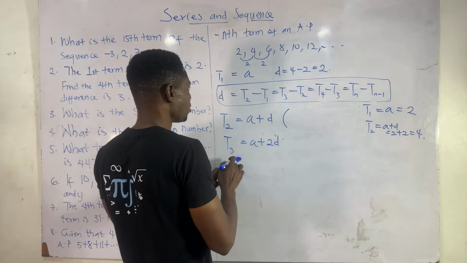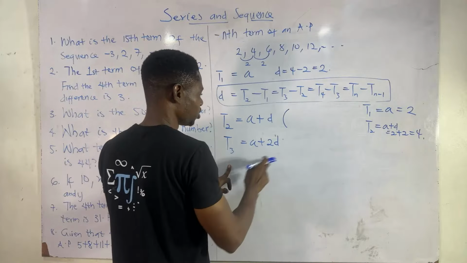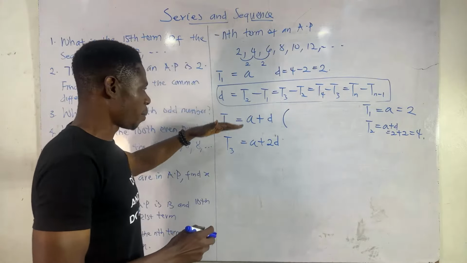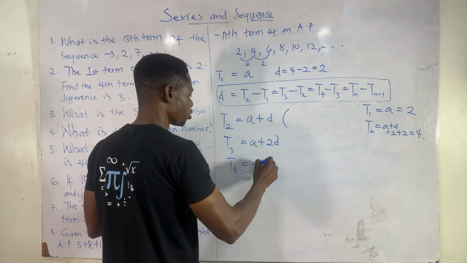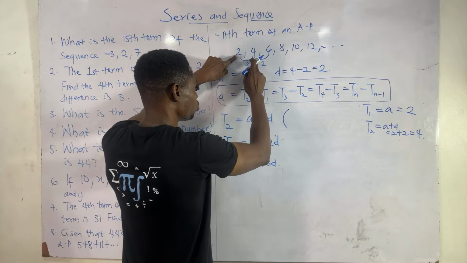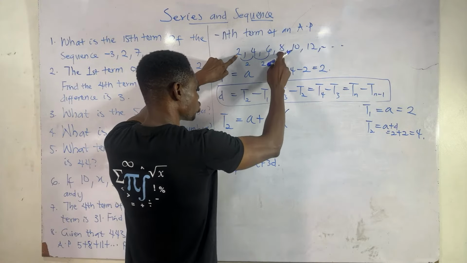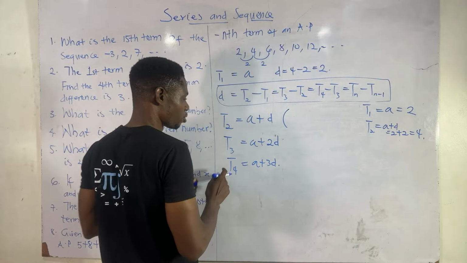So the fourth term now, we have to add 3 common differences to give us that. So it's just a pattern. Watch, the fourth term now will be A plus 3 common differences. So add 1 common difference, that's 2, add 2 again, add 2 again. So we add 3 common differences to this A to get the fourth term.